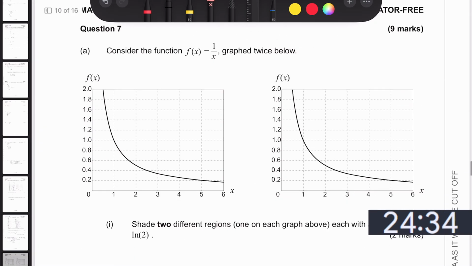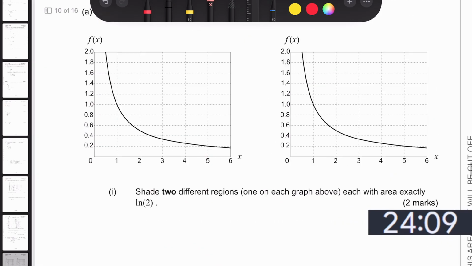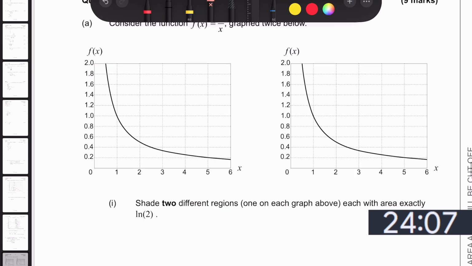Okay, consider the function f of x, 1 over x, graphed twice below. What's the difference? No, there's no difference. Shade 2 different regions, each with an area of exactly ln of 2. So let me think about this.